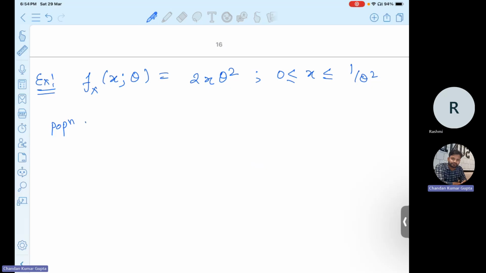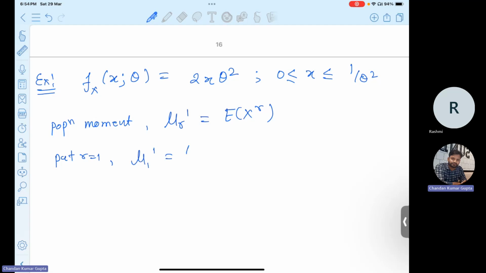So the population moment mu r dash is the expected value of x to the power r. Since there is only one parameter, we consider r equal to 1. So mu1 dash, the expected value of x, is the integral from 0 to theta of x into 2x by theta square dx.